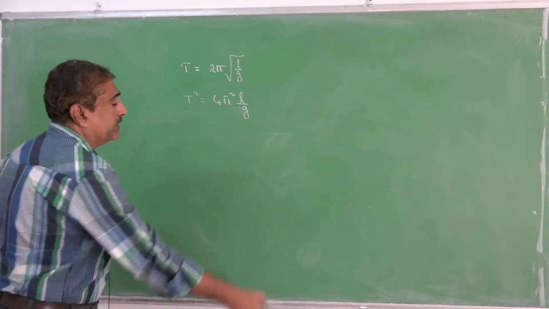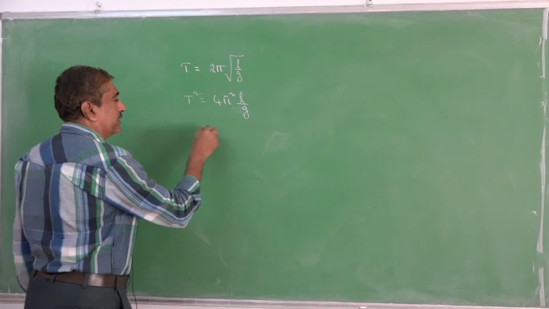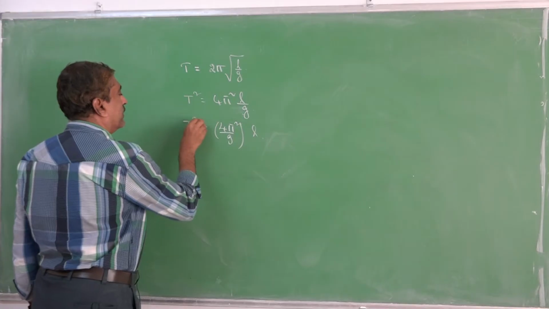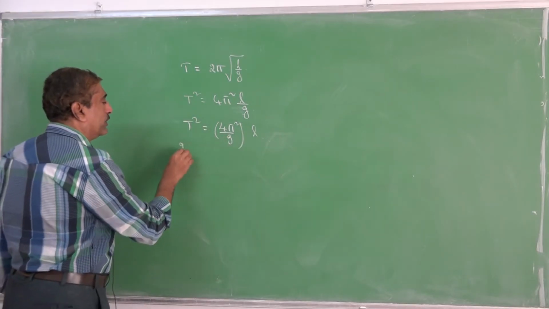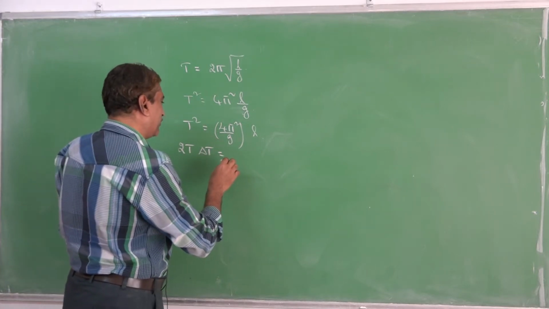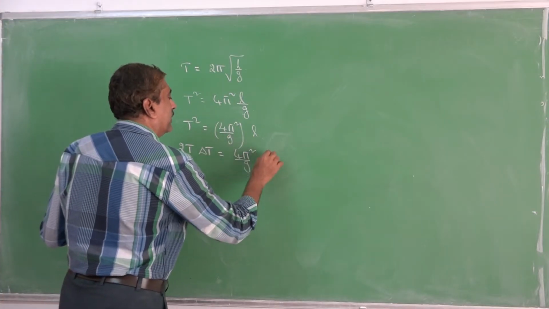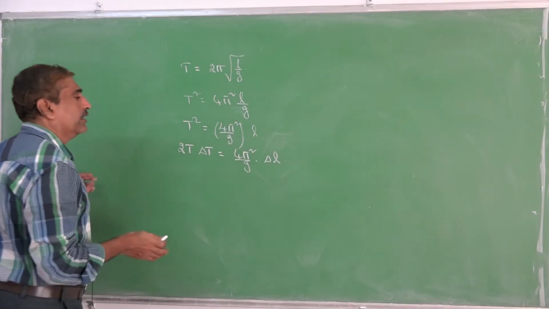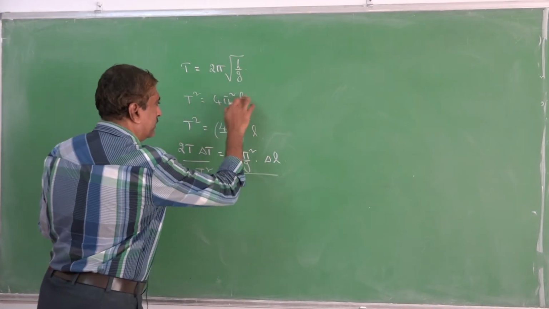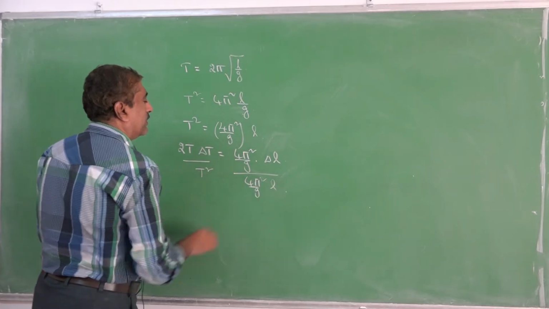For a small change in length of the pendulum, what is the change in the time period? Suppose we take 4 pi square by g as constant, then T square equals 4 pi square by g into L. Differentiating, 2T delta T equals 4 pi square by g into delta L. Now, dividing this equation by T square on the left side and 4 pi square by g into L on the right side, this will get cancelled.